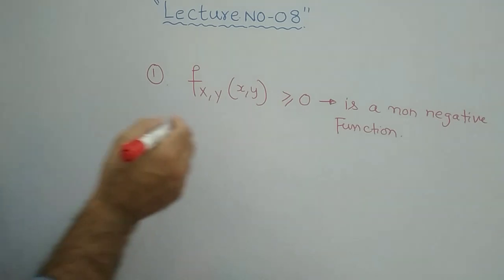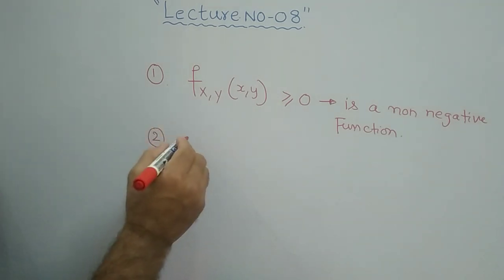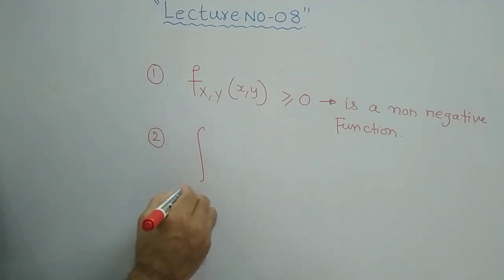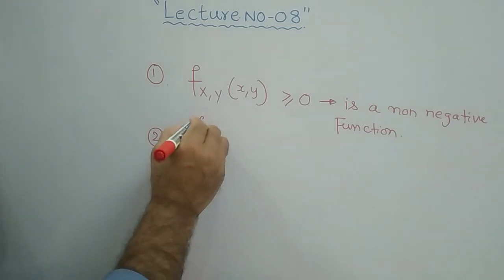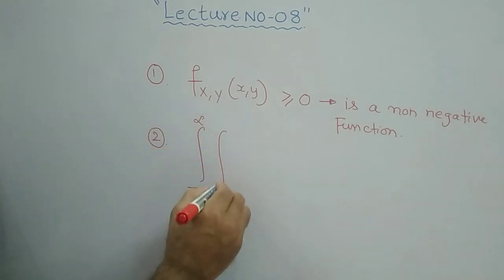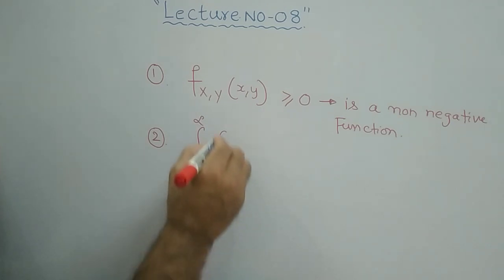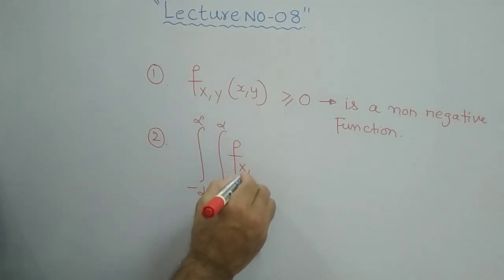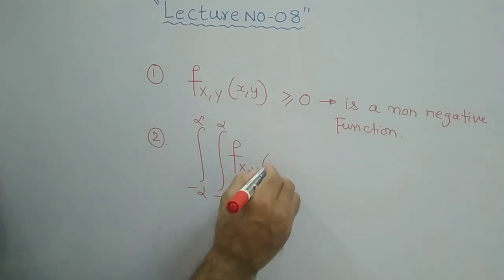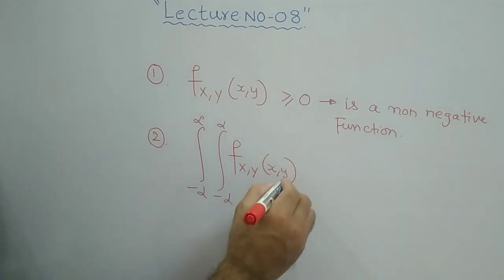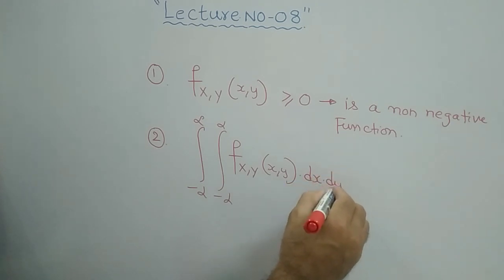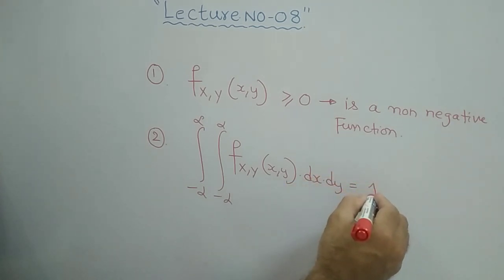Now, the very, very important property is the second property. If you take the double integral from minus infinity to plus infinity of small f of x comma y, dx dy, it must be equal to 1.